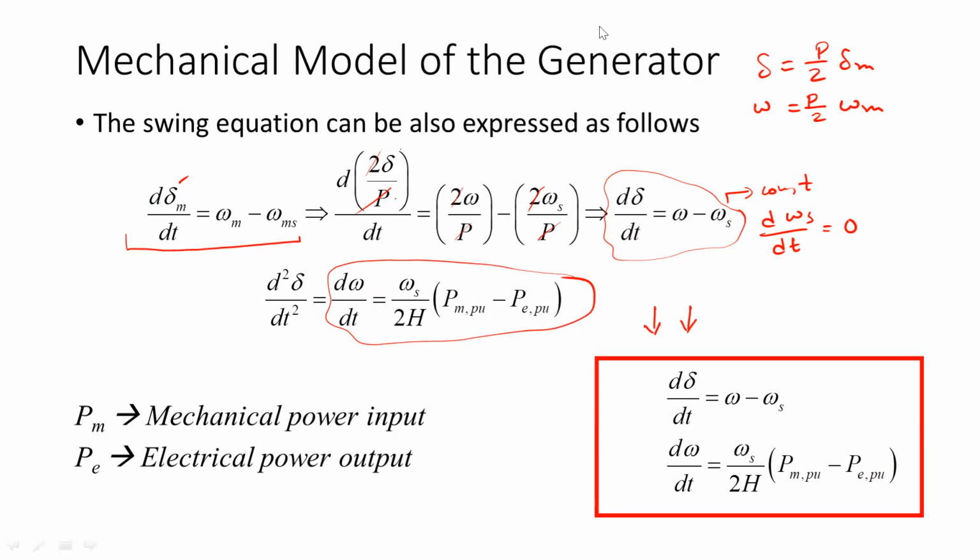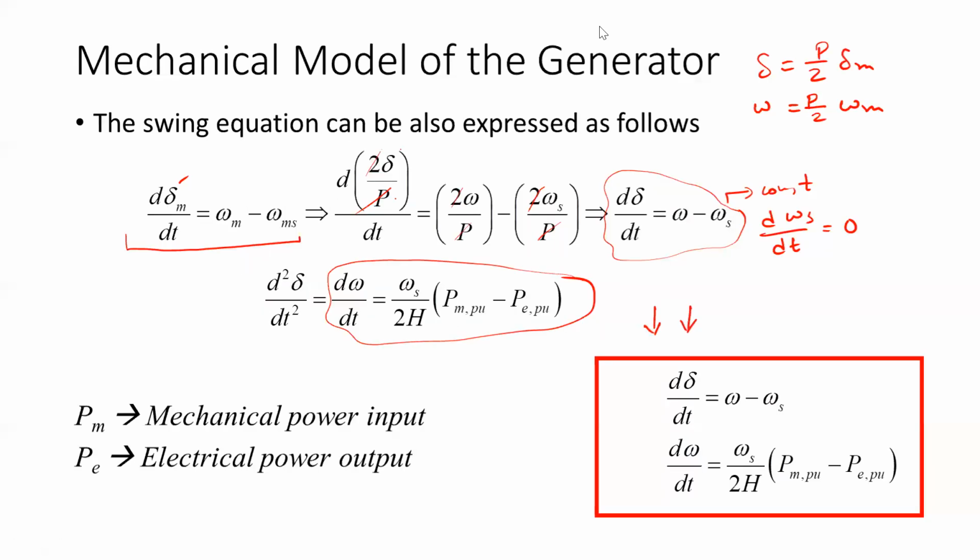Inertia constant, and omega s, the synchronous speed, that is also constant, right? Yes, sir. Right. So we can write that d omega by dt is proportional to Pm minus Pe, right? We can write that, isn't it? Okay, fine. These are some small things you should be careful about.